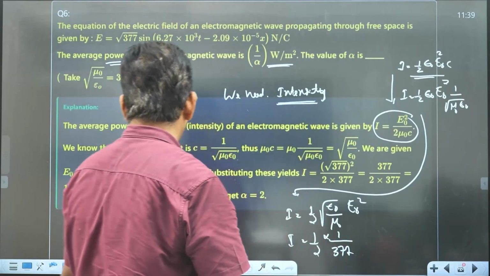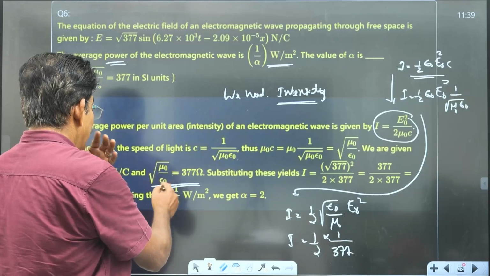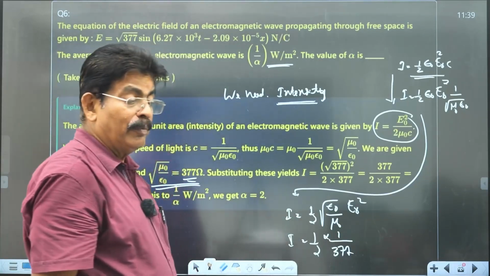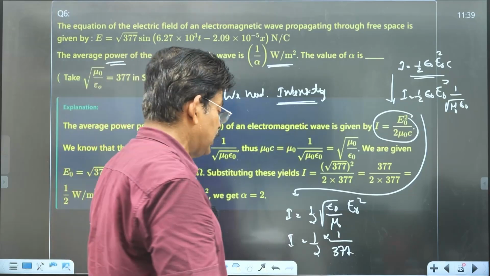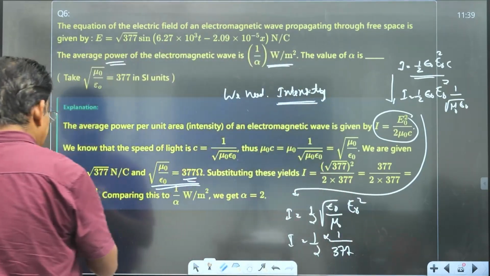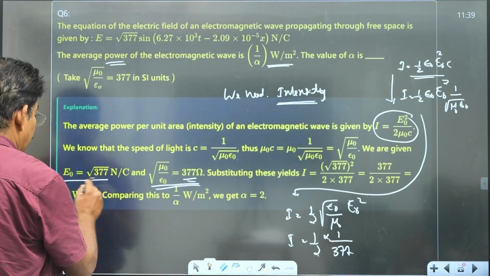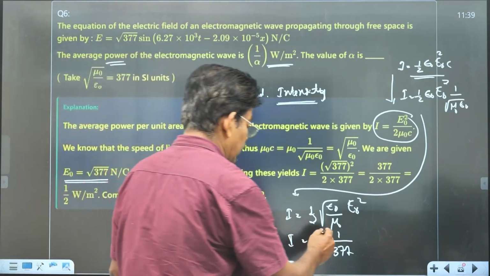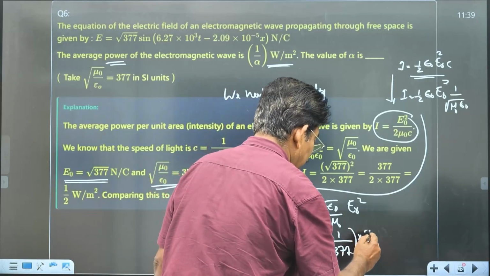It is given that root of mu 0 by epsilon 0 is 377. I want root of epsilon 0 by mu 0, that comes to be 1 by 377, into E0 square. E0 is root of 377, so E0 square will be 377.